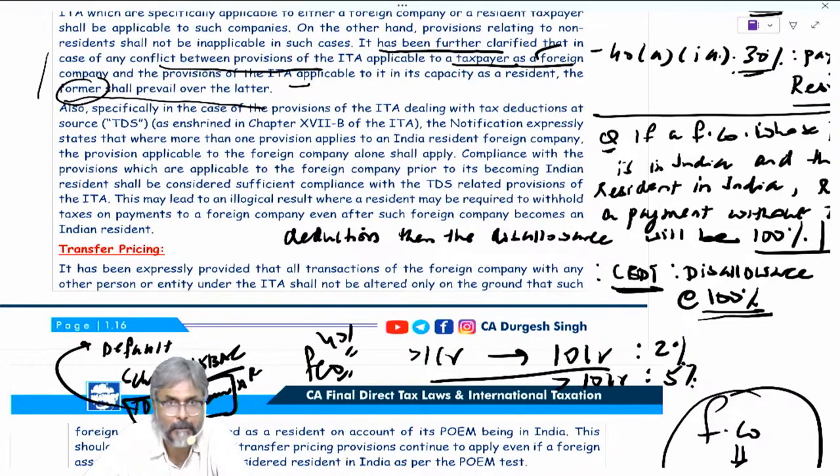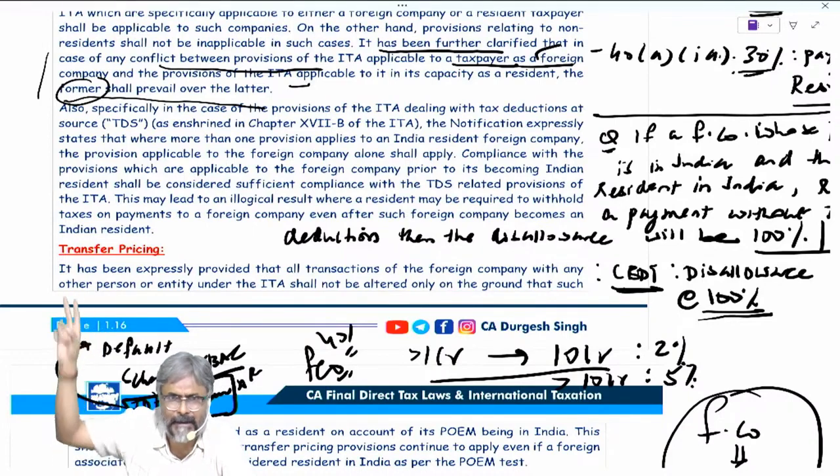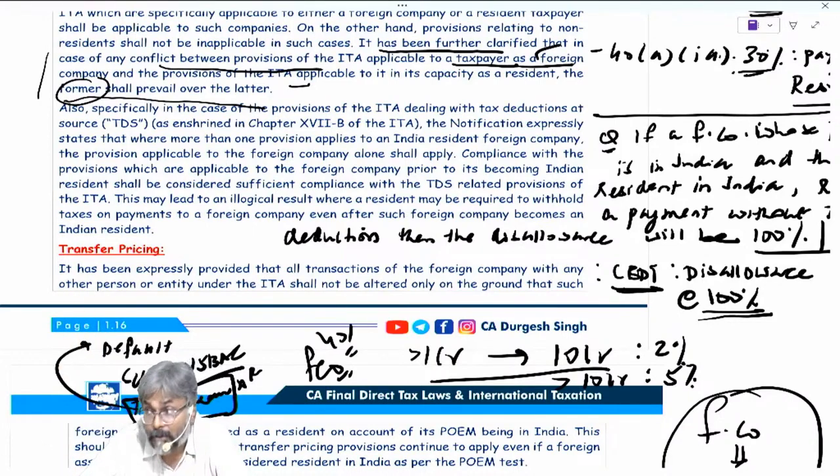The classic example again: under salaries, standard deduction is not available if you go with the default scheme. In house property also, if the house property is a self-occupied property, remember there is a 2 lakh deduction of interest. Those are not available. Chapter 6A, almost all are not available except for 2 or 3 items.